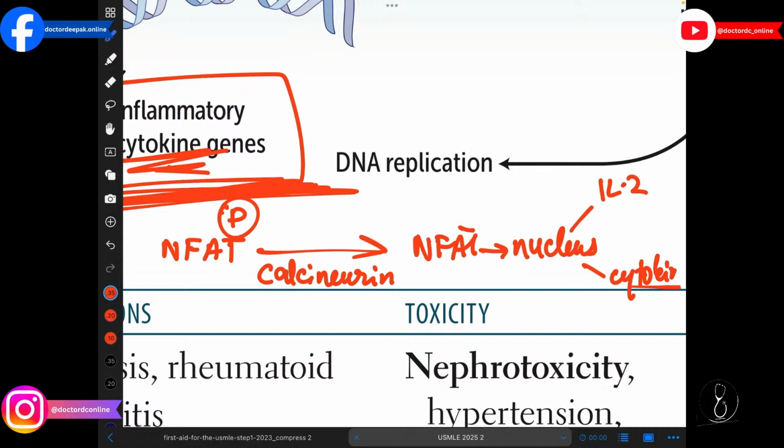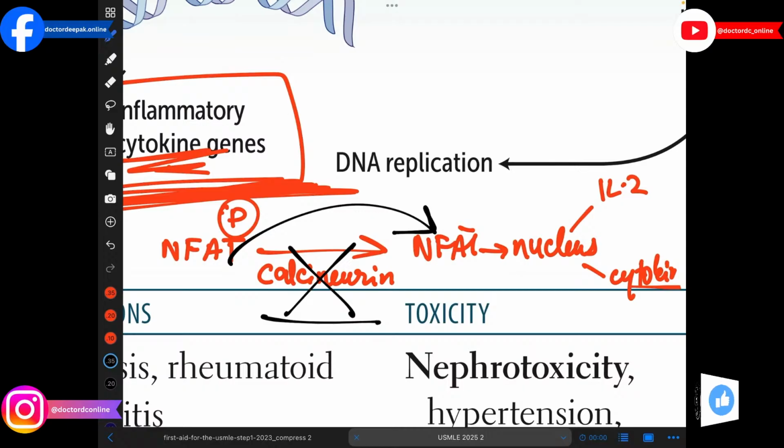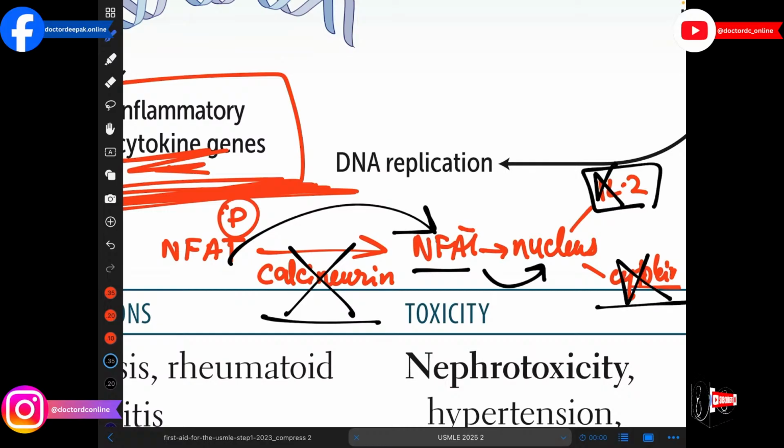If we block the pathway from calcineurin, it will not convert into NFAT and not go to the nucleus for the transcription, and interleukin 2 will not be formed, and other cytokines also will not be formed.